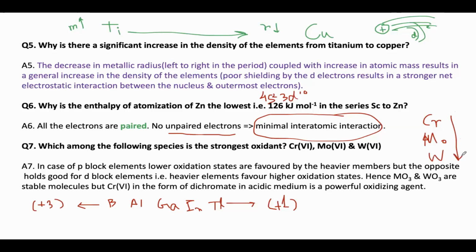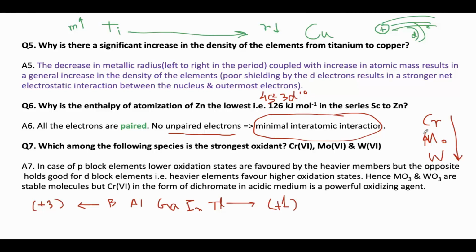So when the mass increases, the high oxidation state will be more stabilized. That's why molybdenum oxide and tungsten oxide, MoO3 and WO3, both in the +6 oxidation state, are very stable. That's why they are not reactive.